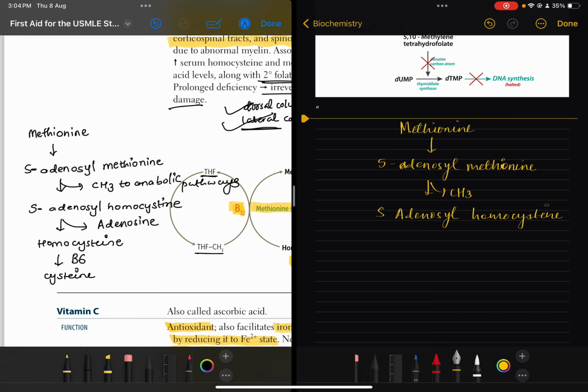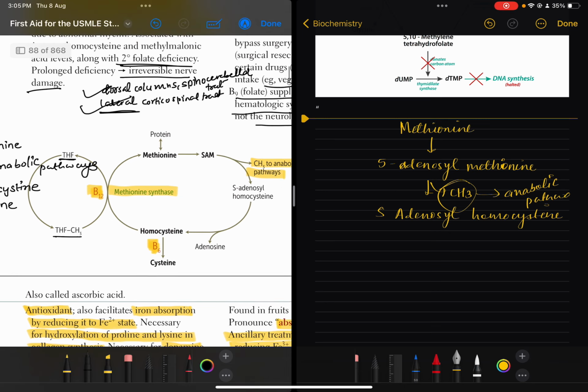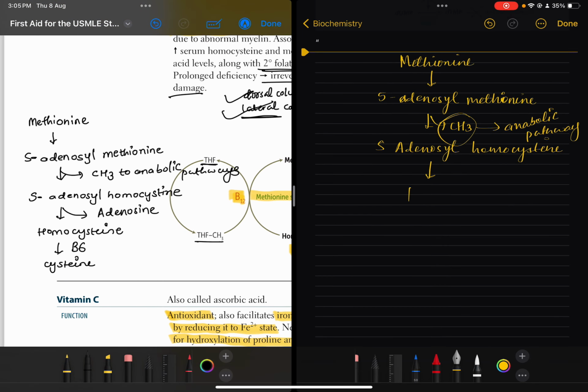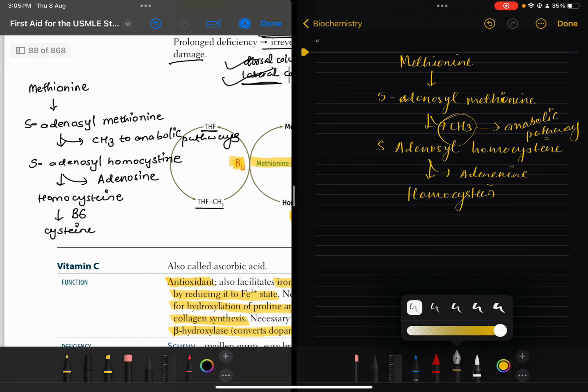So this methyl group will go to the anabolic pathway. This again will be converted into homocysteine, and adenosine will be released.